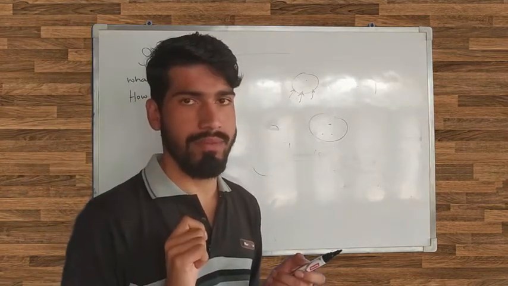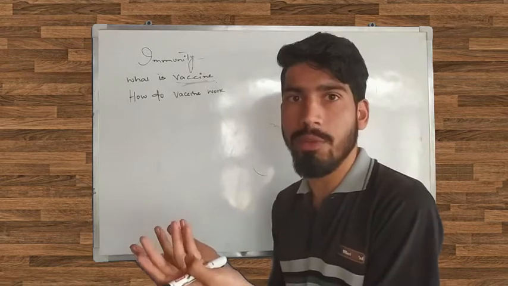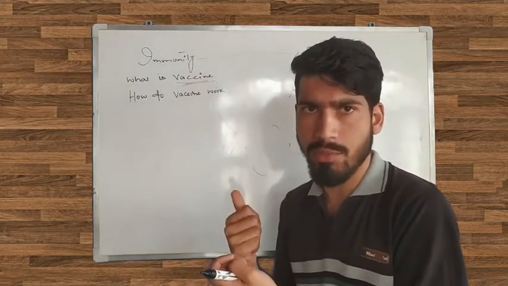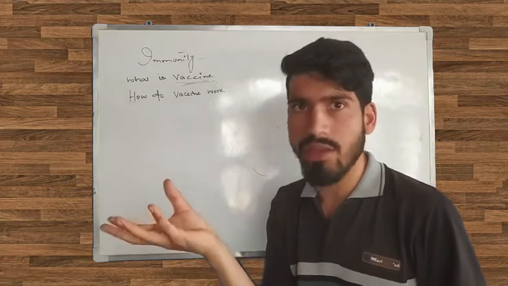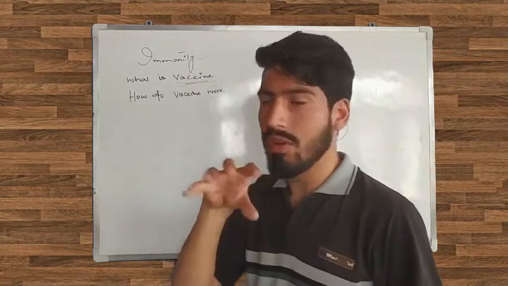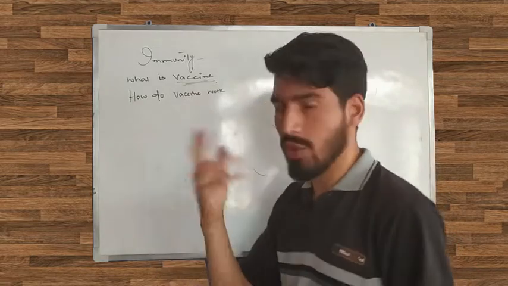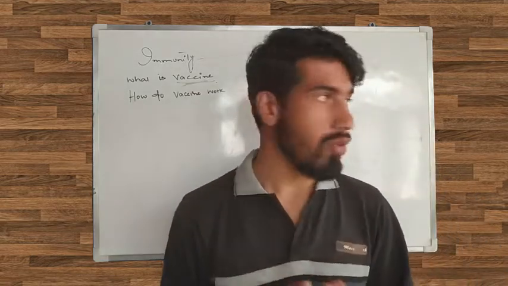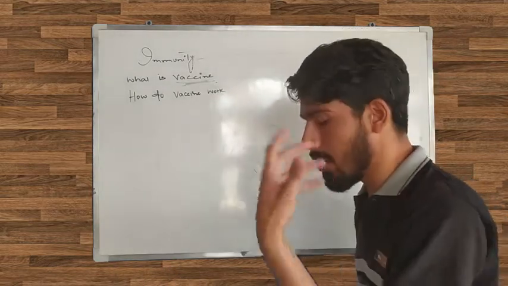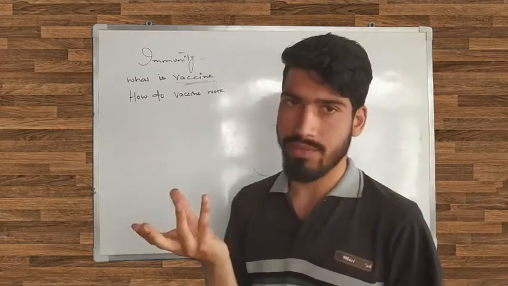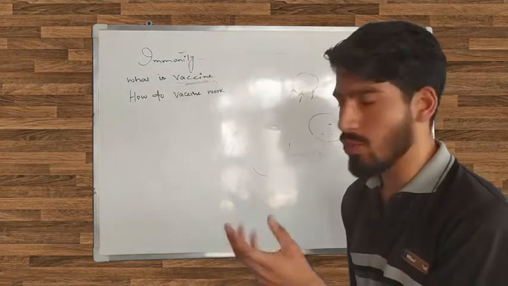The immune system recognizes it as an enemy, as a pathogen or a foreign particle, so our immune system makes antibodies against the pathogen and the foreign particles, and destroys the pathogen.